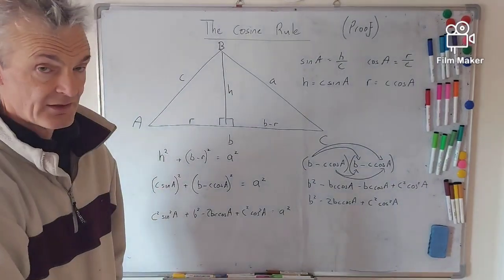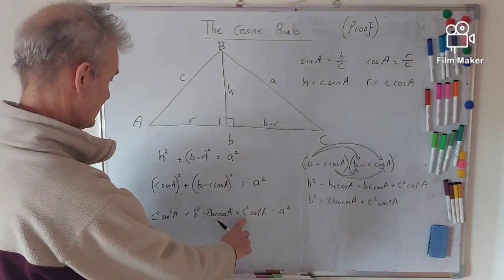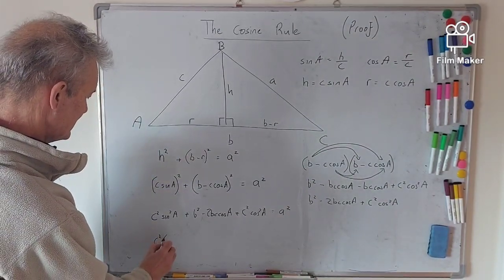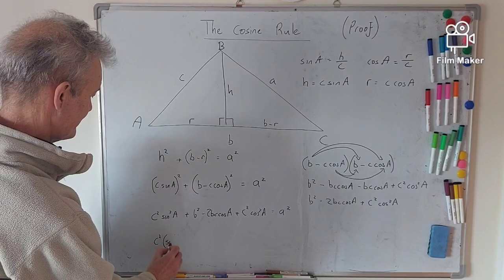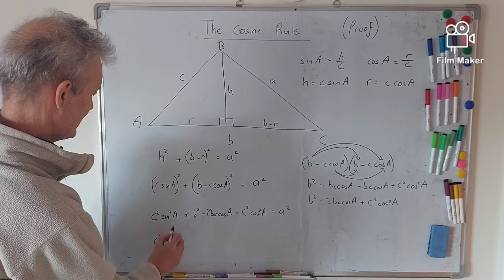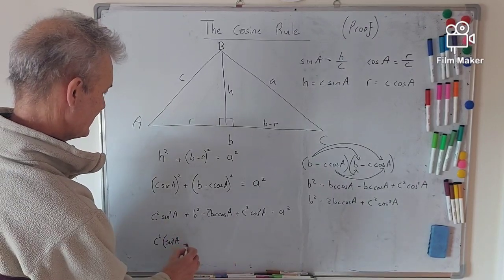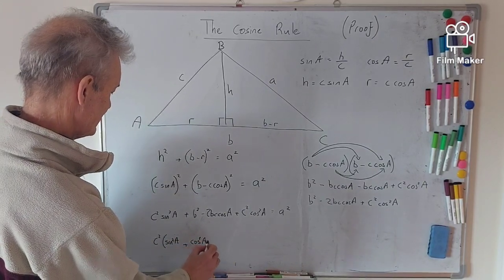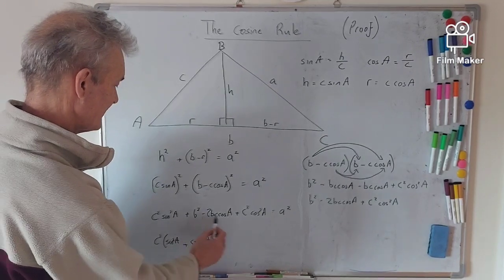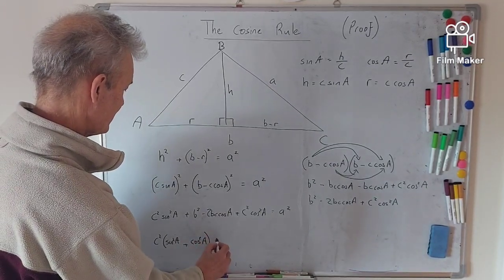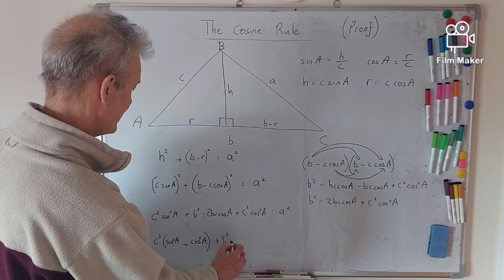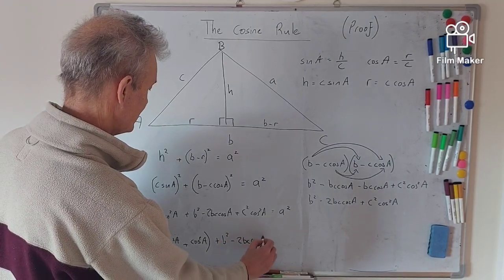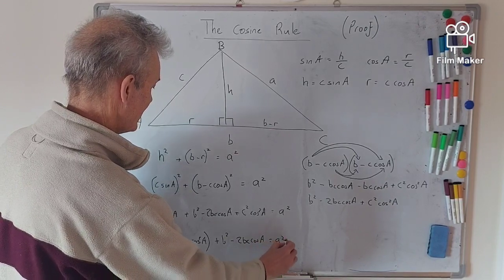So what I'm going to do with those, I'm just going to factor that out. So I'm going to pull c squared out as a common factor, and I'm going to still have sine squared A and plus cos squared A. Okay, that's factored out. We're still left with this. So plus, I haven't done anything with that, b squared minus 2bc cos A, and that equals a squared.